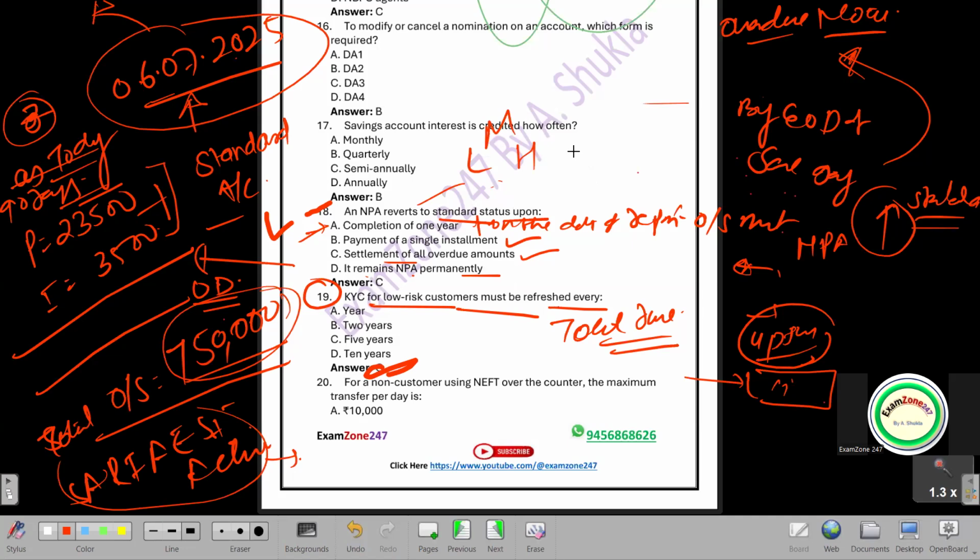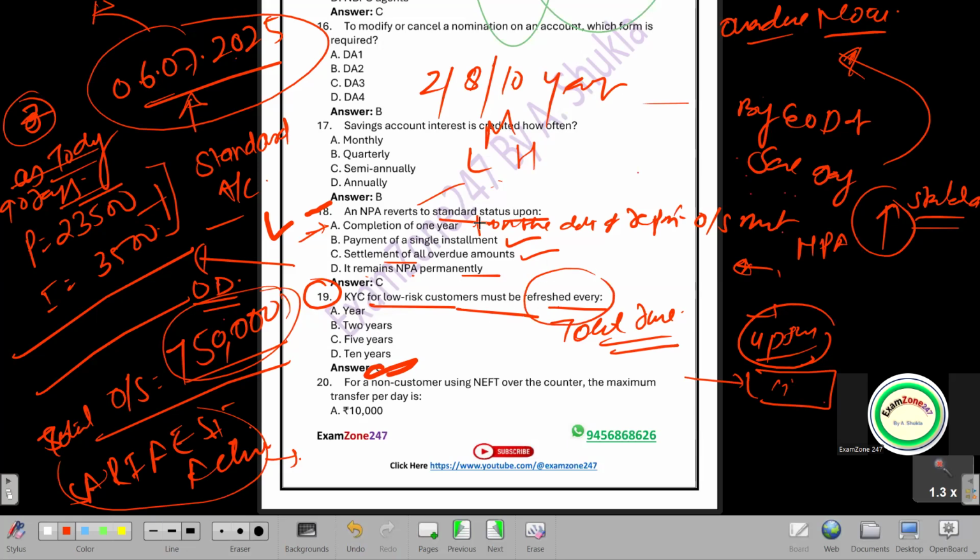Tell the periodicity of the updation of records. Yes, very good, Akshay. It is 2, 8, 10 years. I already shared the PDF, but here it should be refreshed every 10 years.